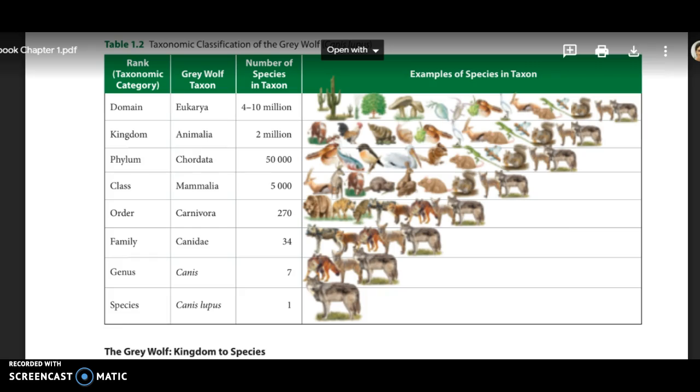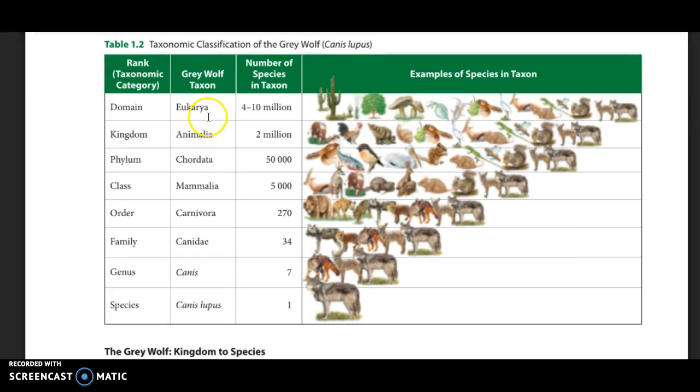So in an effort to help you understand those different levels of classification, those different ranks, here would be the breakdown for the gray wolf. We know that the domain for the gray wolf is eukarya, and we're going to learn what that really means.